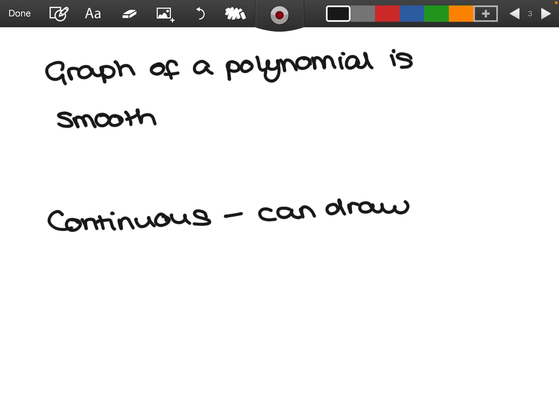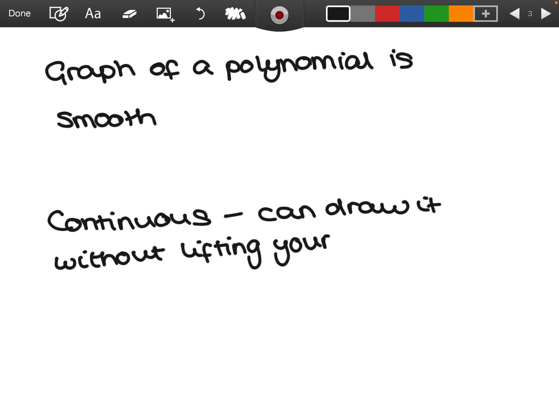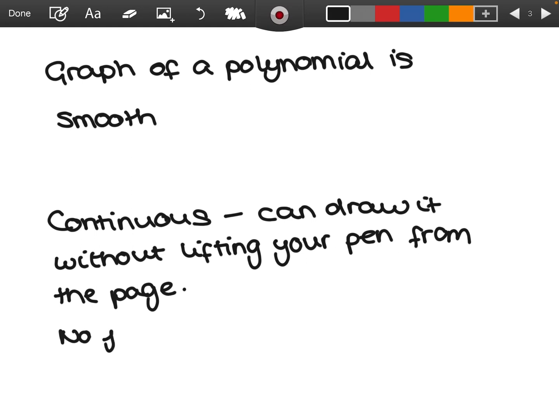So this means that you can draw it without lifting your pen from the page. So there's no jumps and no discontinuities.